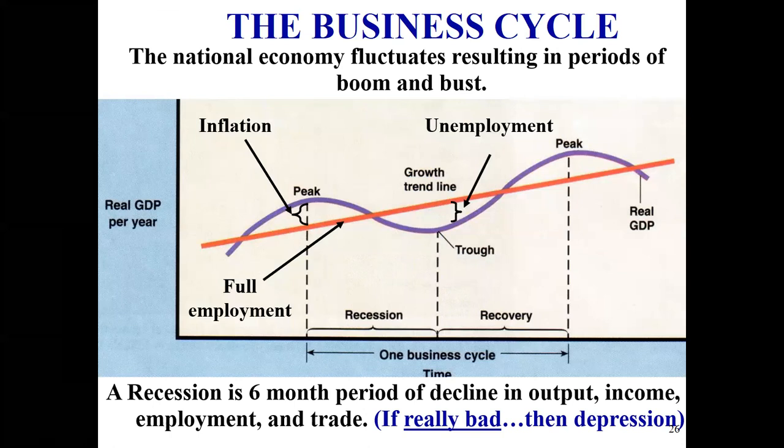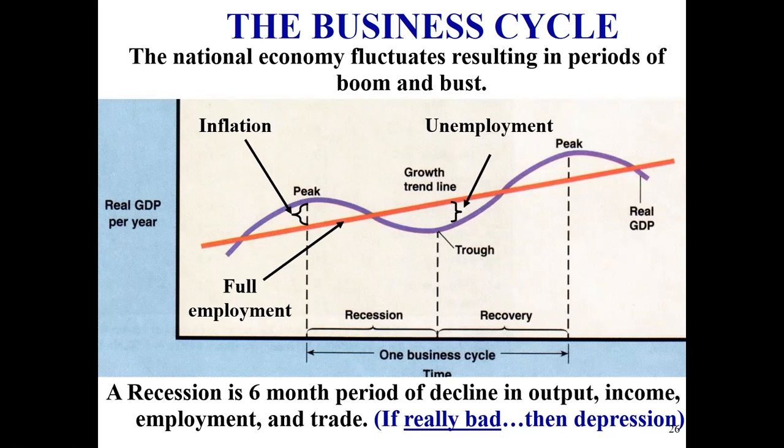Knowing the peak, just think the peak is an inflationary gap on your SRAS-AD graph. So you're going to have high inflation, low unemployment. And a recession is a recessionary gap. So you're going to have low price levels and high unemployment.